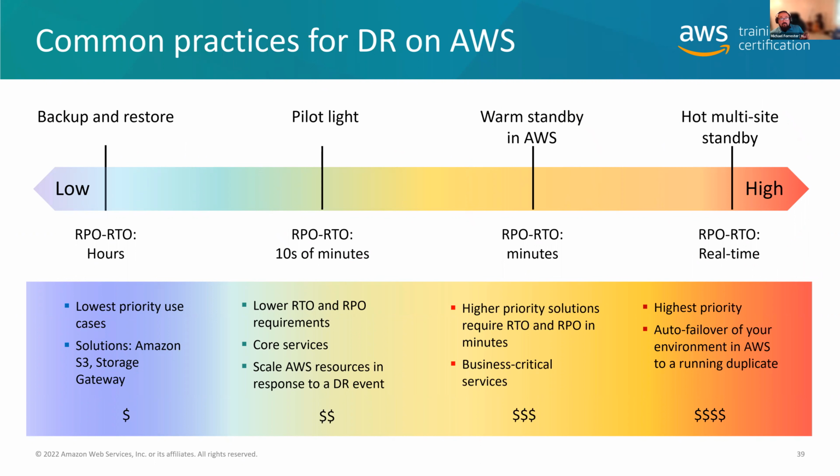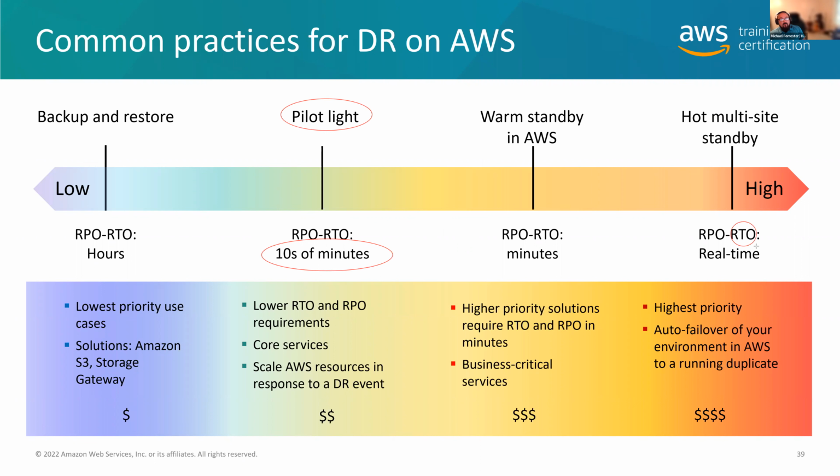They are going to provide a scenario that says the RTO needs to be real time. And you're going to need to know that you need to use a hot multi-site standby or active standby. They're going to say, do you understand this? They're going to say, look, the RTO or RPO is tens of minutes. And so you need to know that they're going to use pilot light. Because whoever's the lowest, right?